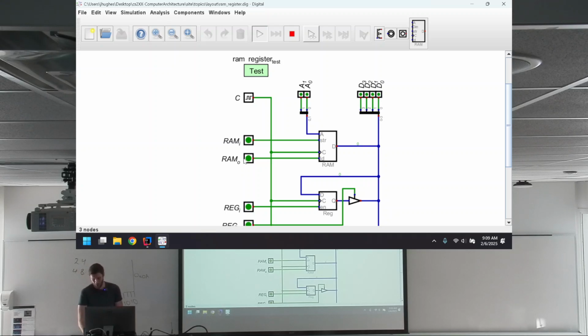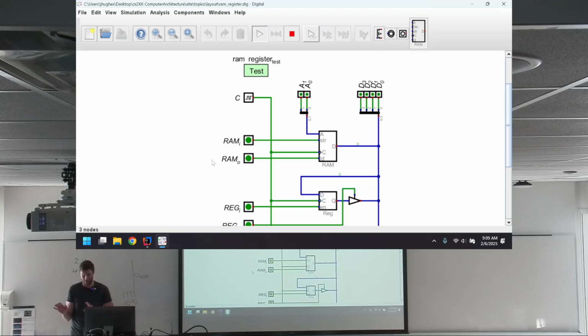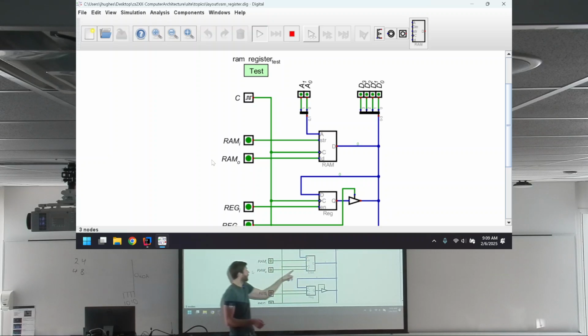If I output from RAM right now, if I click this button, I would crash it, because I'm putting the number 0 onto here from here, and I'm trying to put, what did we put in here? 5. In memory address 0 is 5. I would also be trying to put 0, 1, 0, 1. It would get all messed up. So what do I have to do? It's important that I put this into the Z state.